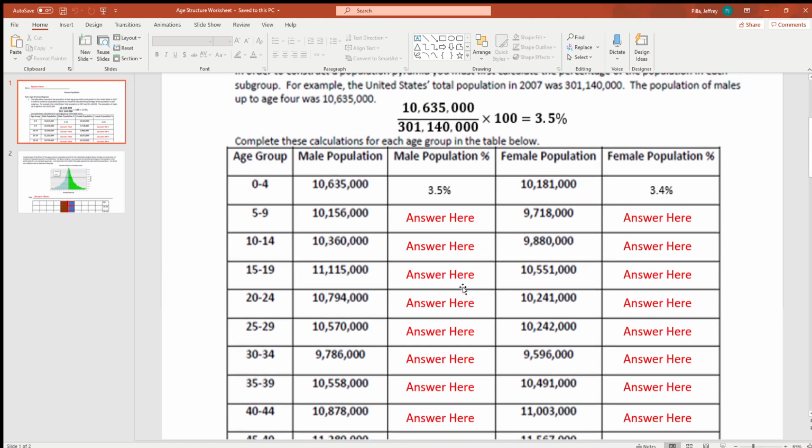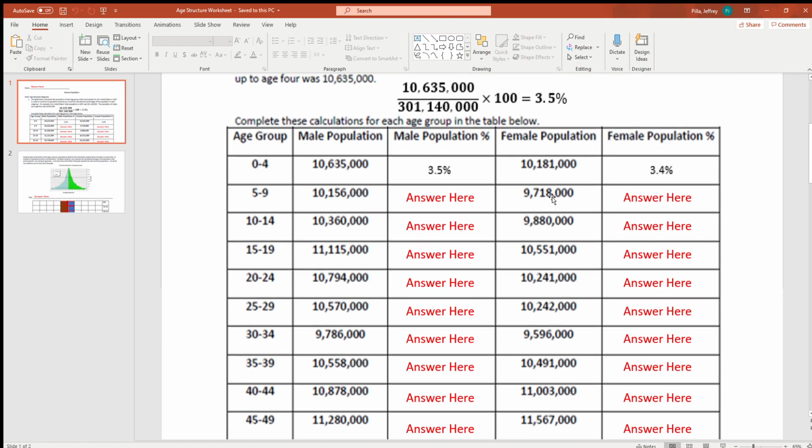The next column we're going to look at is the female population. It's very similar to the way the male population looks. These numbers represent the females in each age group. So for example, the female population between the ages 0 and 4 was 10,181,000. Female population between 5 and 9 was 9,718,000, and so on.